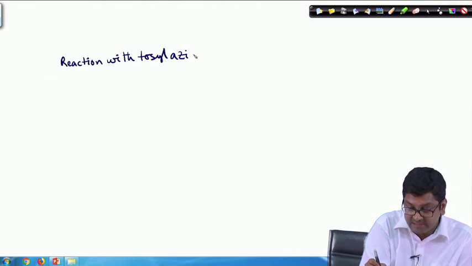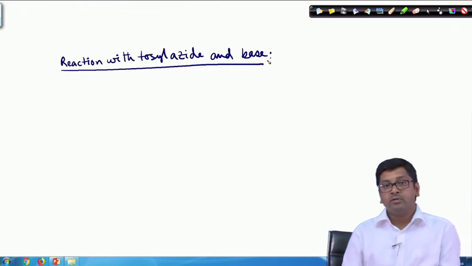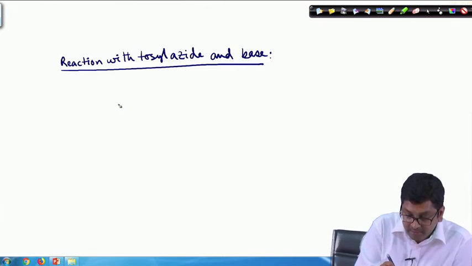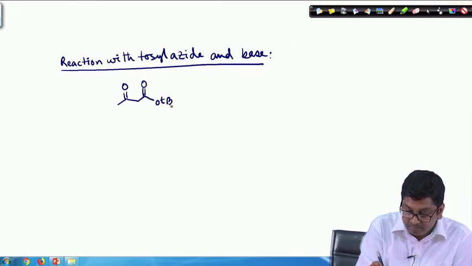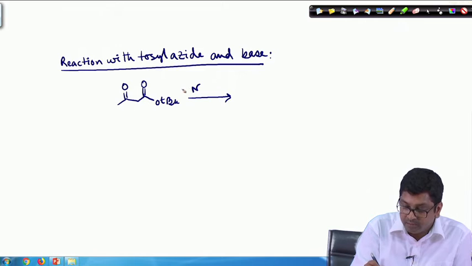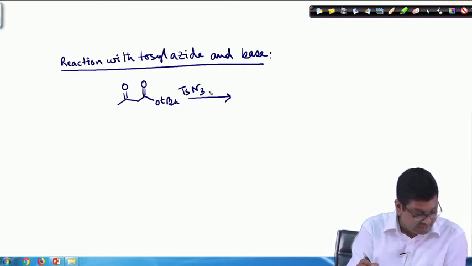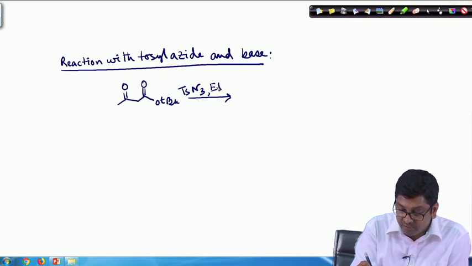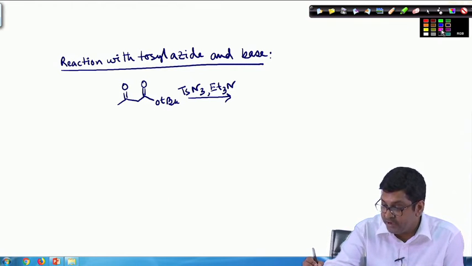So, reaction with tosyl azide and base. Okay. So, this is the parent carbonyl compound. Okay. So, the corresponding diazo transfer reagent is tosyl azide here in presence of base like triethylamine. So, the diazo exchange will happen.